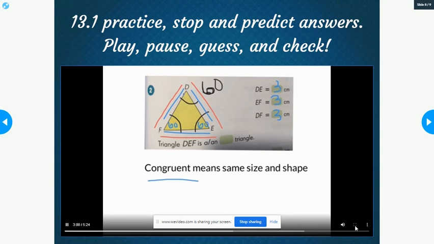So based on those rules, we know that equilateral triangles have equal angles and equal sides. Therefore, we could say in no uncertain terms that this triangle, DEF, is an equilateral triangle.